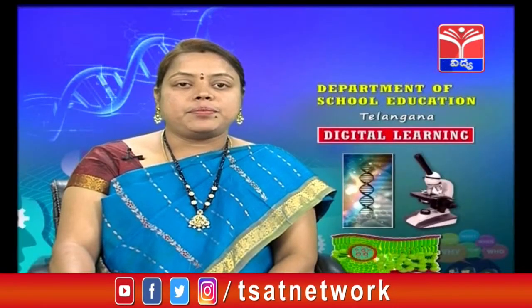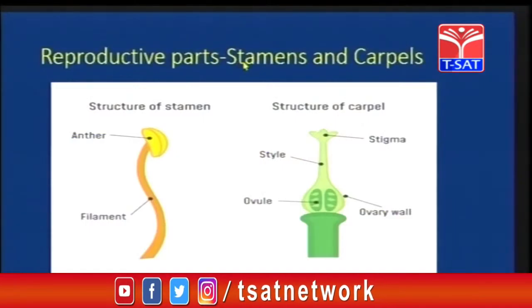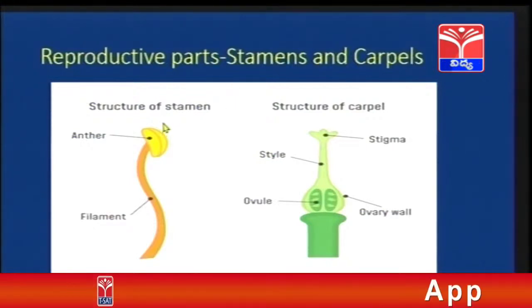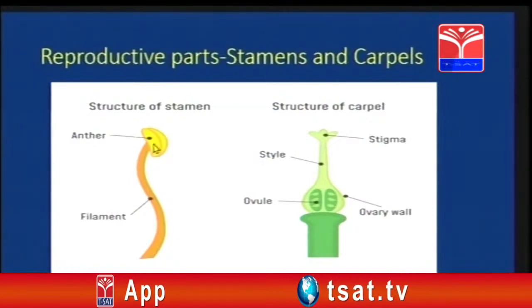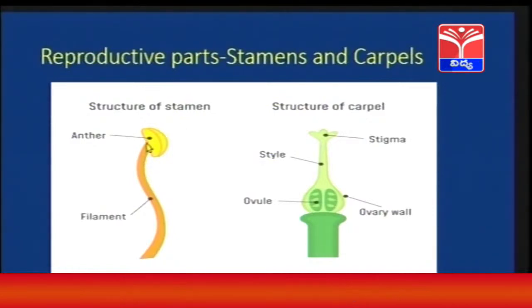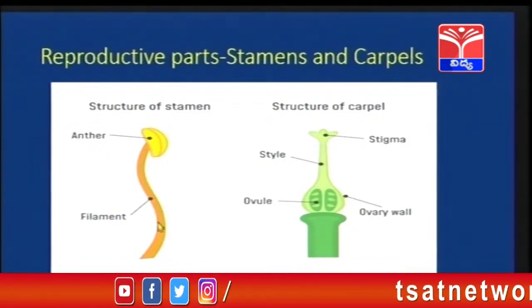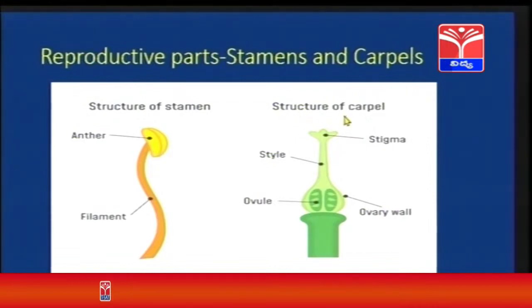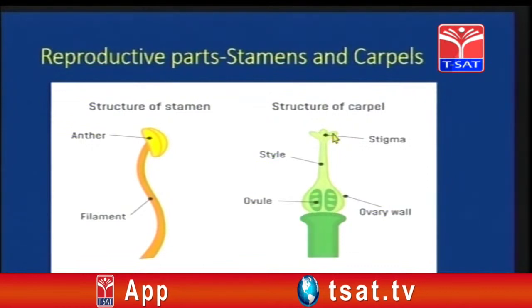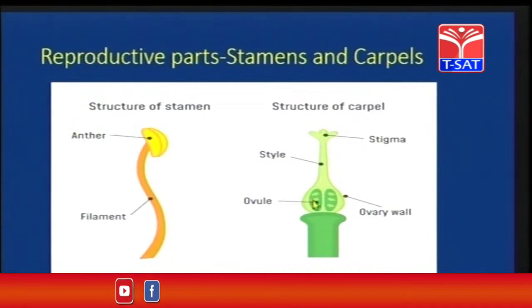Let us study the reproductive parts, that is stamens and carpels, in detail. As we have discussed earlier, children, the structure of stamen consists mainly of two parts: the bilobed structure is called the anther, whereas the long tube-like structure is called the filament. And the structure of carpel has three main parts: the uppermost part is called the stigma, the long tube-like structure is called the style, and the oval structure present at the base is called the ovary.